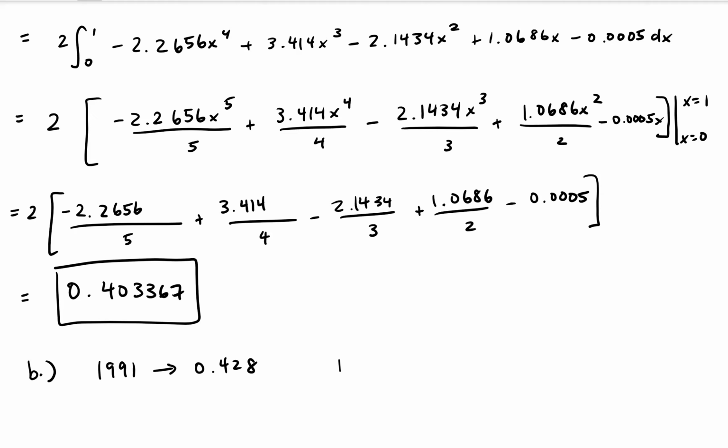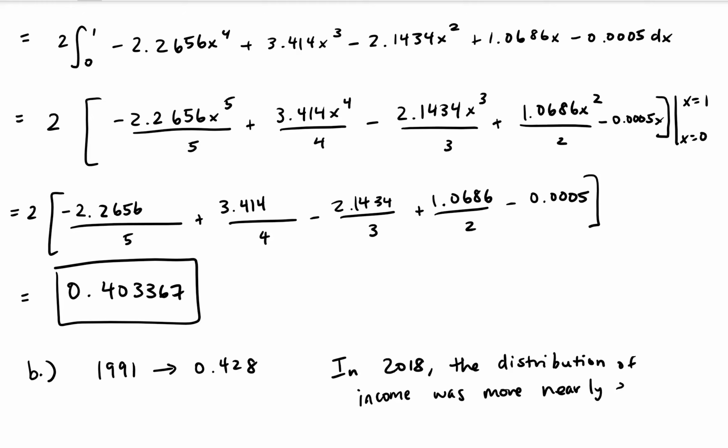So that means that in 2018, the distribution of income was more nearly equal than in 1991.